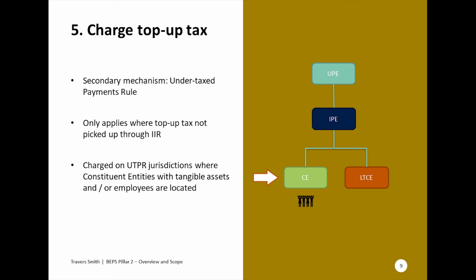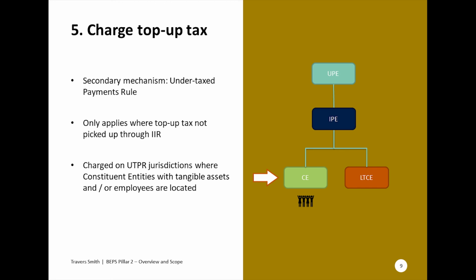So in the previous example, if either the UPE or an intermediate parent entity, IPE, are in an IIR jurisdiction and hold an 80% interest, you wouldn't look to pick up the remaining 20% through the undertaxed payment rule. Now, rather confusingly, the payment doesn't need to be undertaxed, doesn't even need to be a payment in question. So how do you actually go about charging?